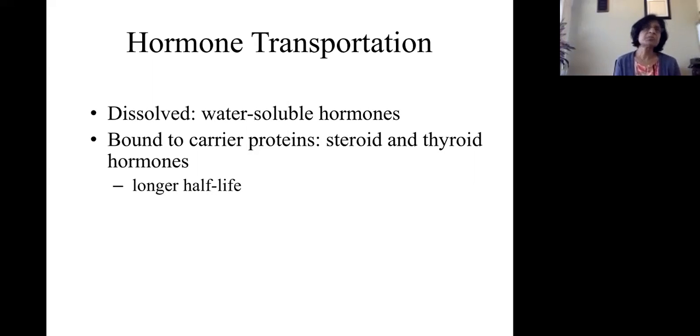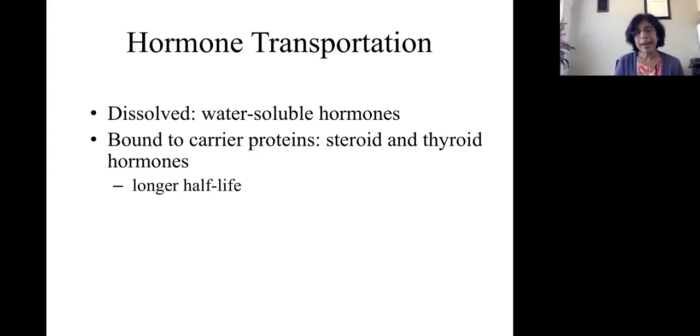Steroid hormones, you can think about estrogens, progesterone, testosterone, cortisol, aldosterone. All those are steroid hormones. They do not dissolve in the blood, and therefore they need carrier proteins. Carrier proteins are nothing but plasma proteins.